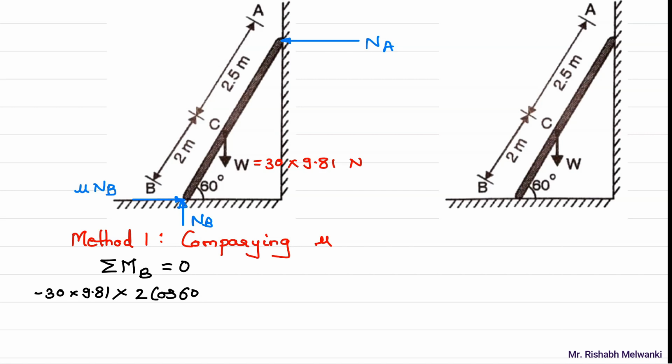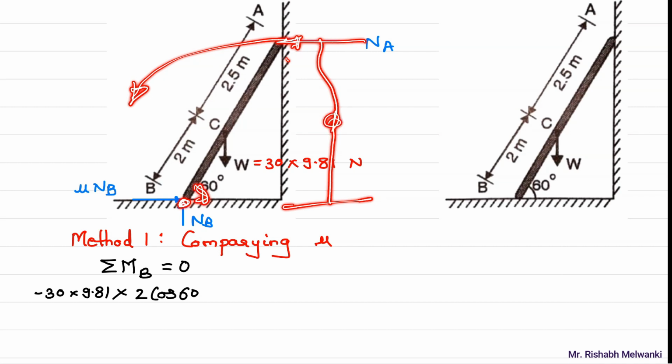Now what is the moment of Na about point B? Is it clockwise or anti-clockwise? It is anti-clockwise. And what is this distance? It is opposite of this 60 degree, so opposite means it will be sine. The opposite side will be 4.5 sine 60. Since it is anti-clockwise, it is positive.